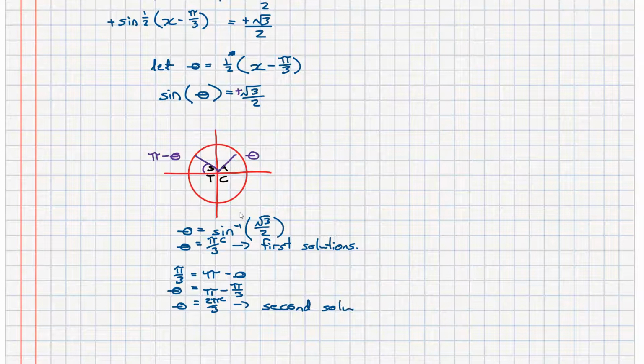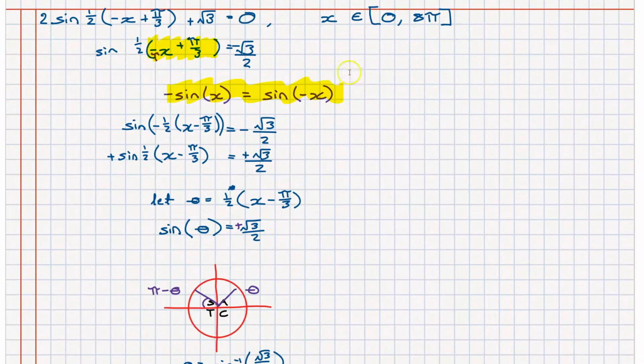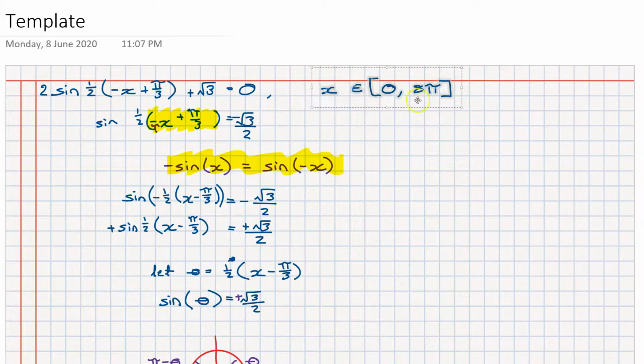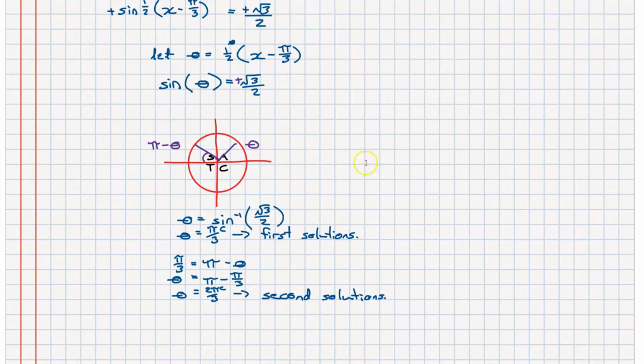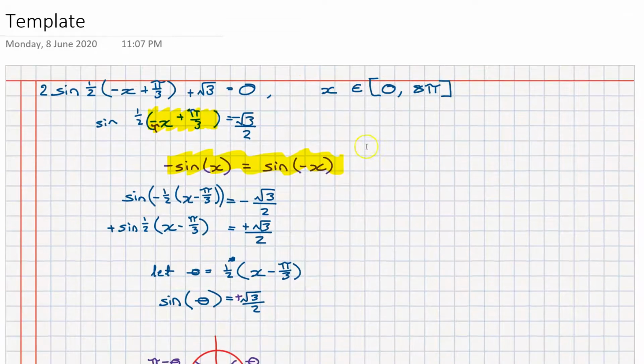Now in the past, when I've done these sort of problems, I've always gone up and grabbed the domain and changed it in terms of theta, so in this case it's x, but down here we're working in terms of theta. But for this particular question I'm not going to do it.